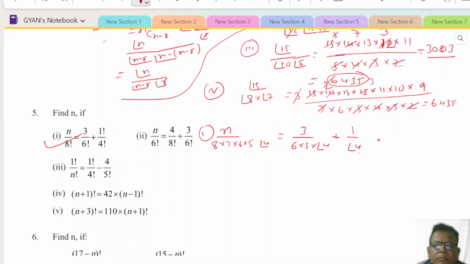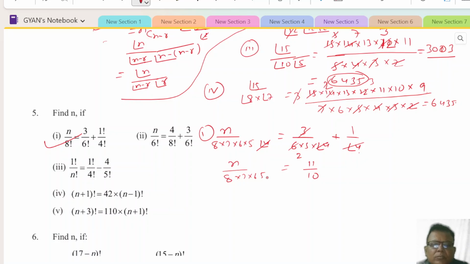So you take factorial 4 common, and that will get cancelled. So that is equal to 11 by 10. 11 by 10 is equal to 10 plus 1, 11 by 10 into n into 8, 7, 6, 5.